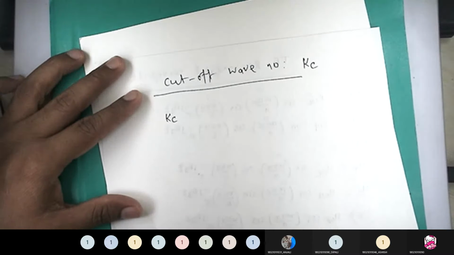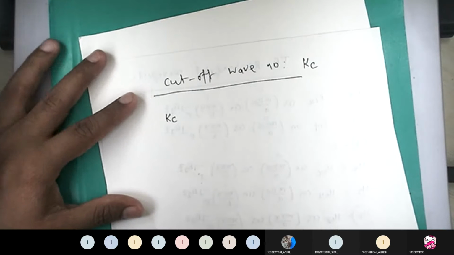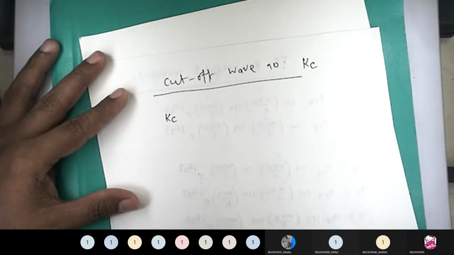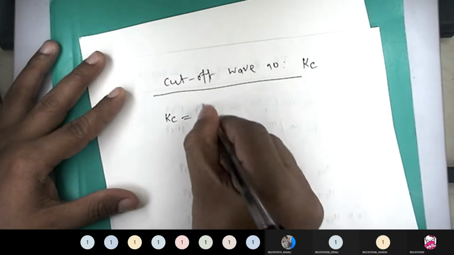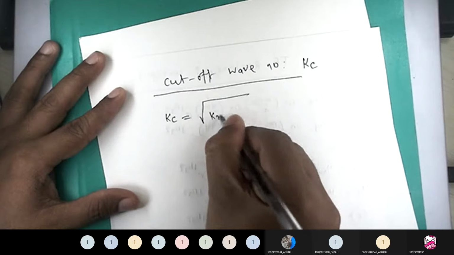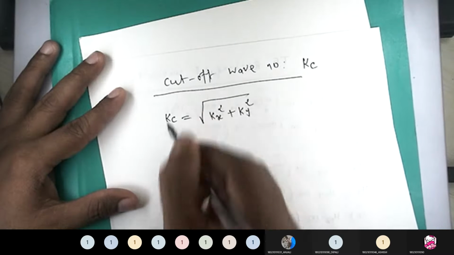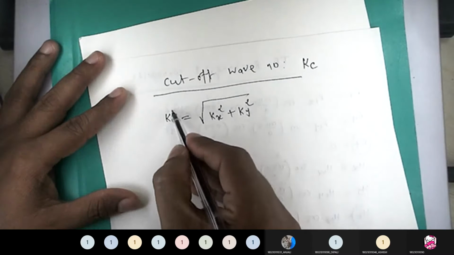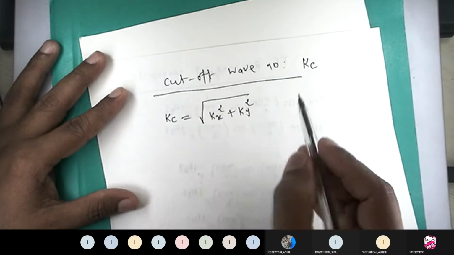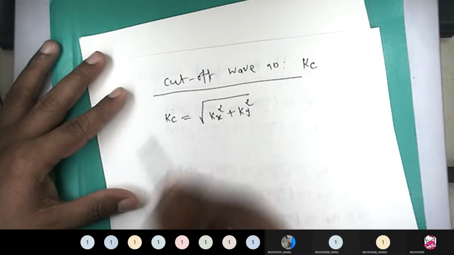Last time I made one mistake, so I am writing once again what I mentioned earlier. It was written as kc square equal to kx square, but the correct one is kx square plus ky square, that is equal to kc square. Earlier, in my last lesson, I made a mistake with the kc square.